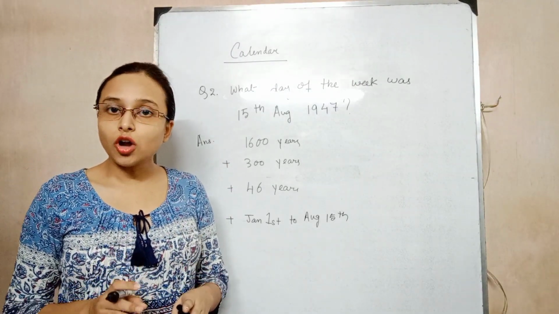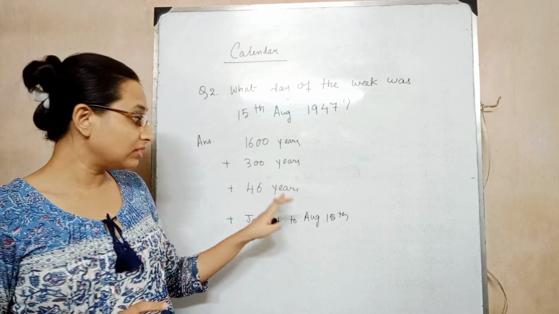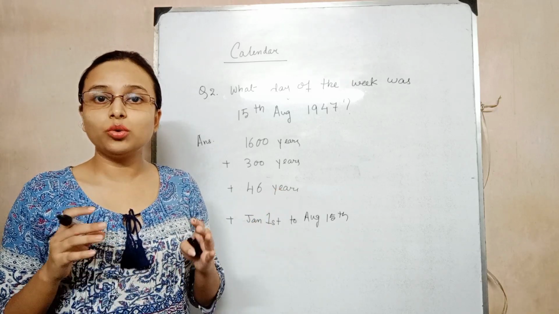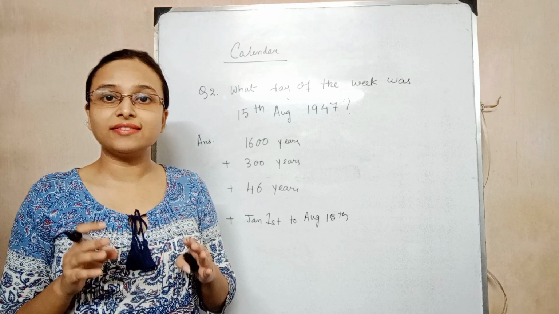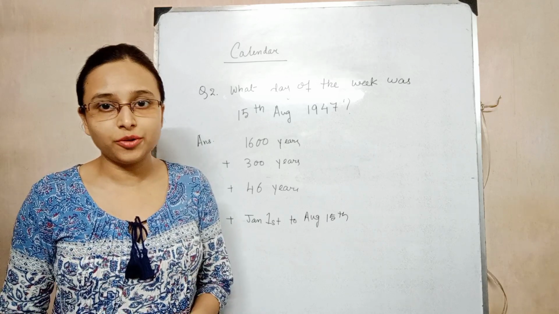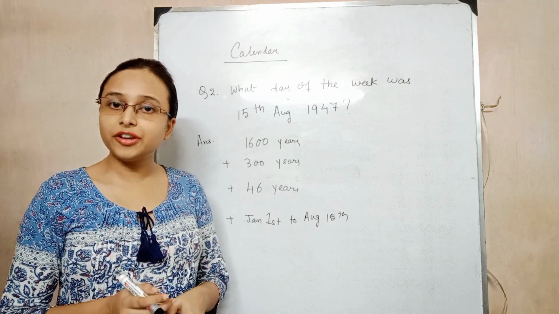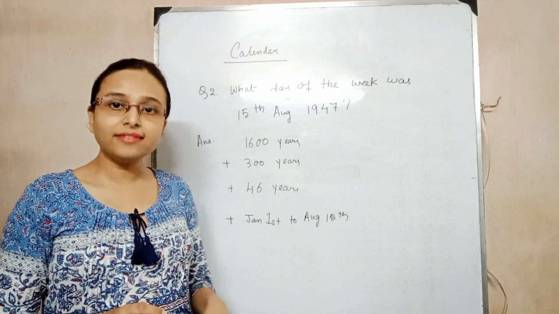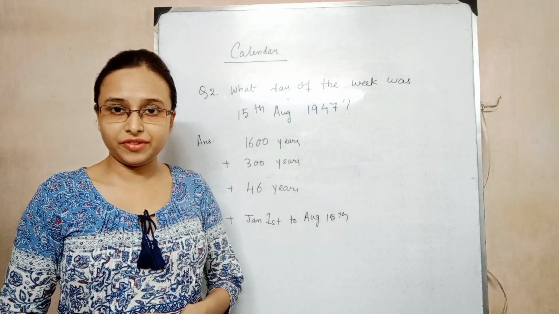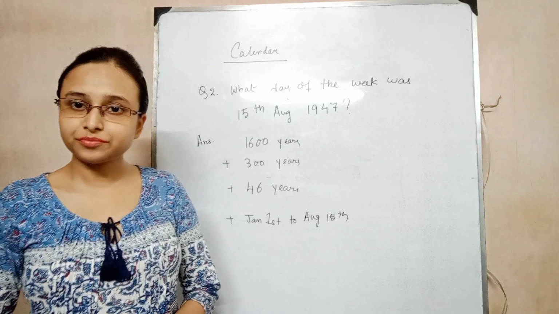One note, do not write 47 years in the third section. If you indicate the 47th year in that century, that means it is over. So we will write 1600 years plus 300 plus 46 years plus January 1st to August 15th of 1947.